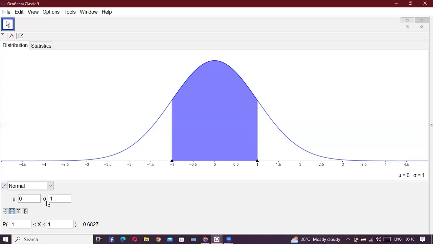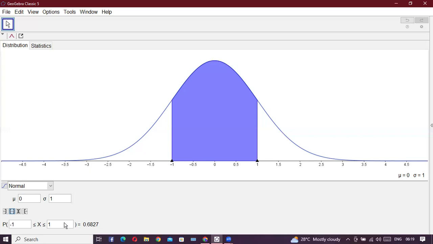Here the standard deviation is 1, so 1 here and -1 here are each 1 standard deviation away from the mean. When you see the probability calculated for the data between 1 standard deviation away from the mean, we have 0.6827, which is around 68%. That's why we say 68% of the data falls within 1 standard deviation of the mean.